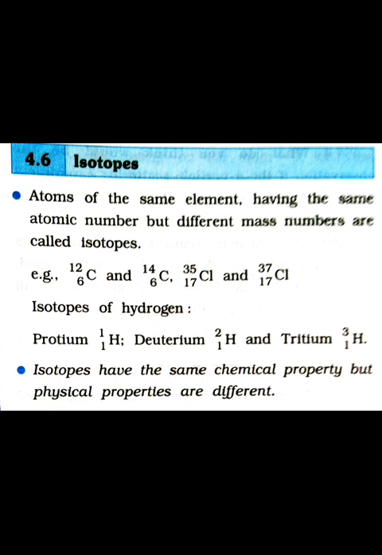Now, in nature, atoms of some elements have been identified which have the same atomic number but different mass numbers.